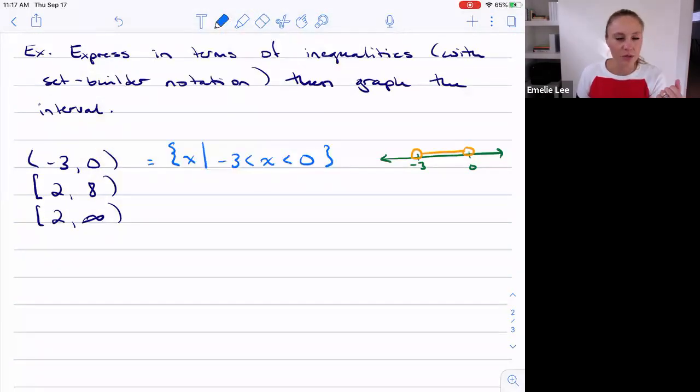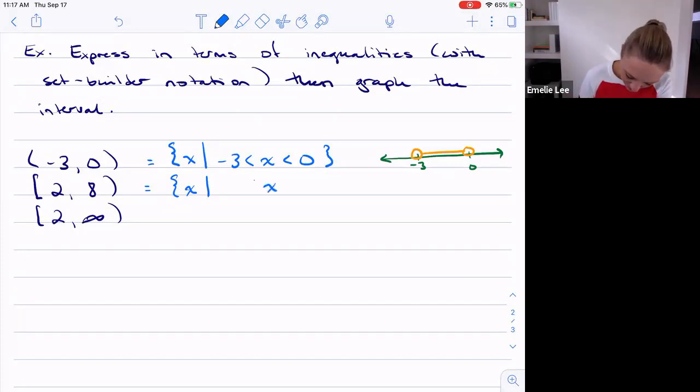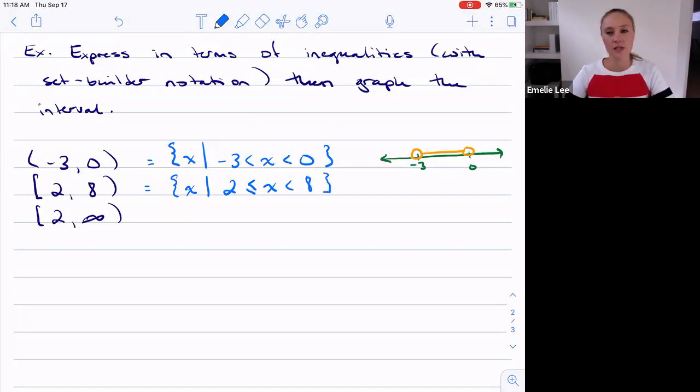How about the set builder notation for the next one? It starts the same way: curly bracket, x such that, and then again, x is between these two numbers. So I'm just going to write x in the middle here. x is going to be between 2, but remembering that it's inclusive of 2, so it's going to be less than or equal to x, depending on how you want to read it. And then up to 8, but not including 8, so then I'll just leave that inequality as it is.